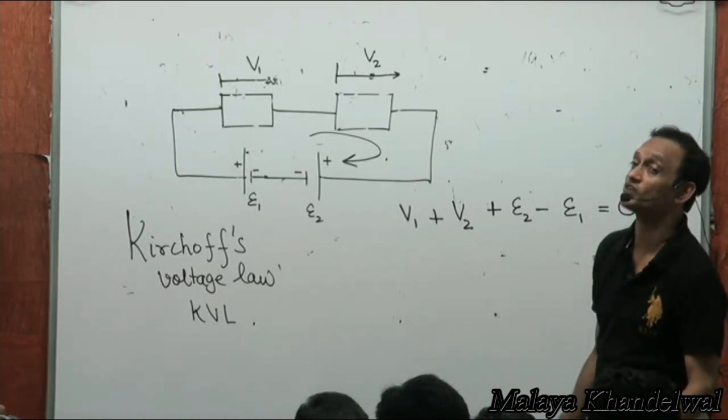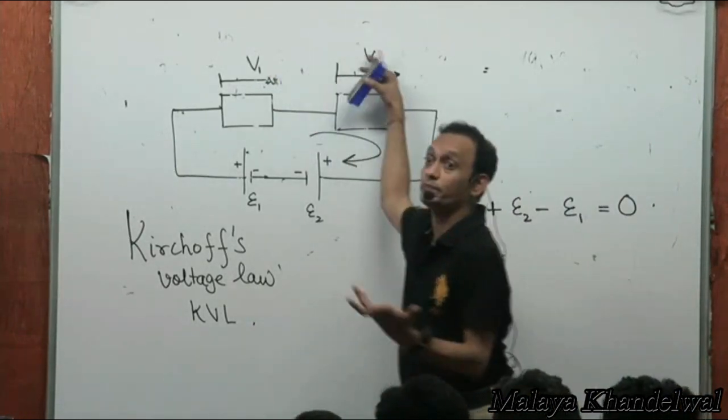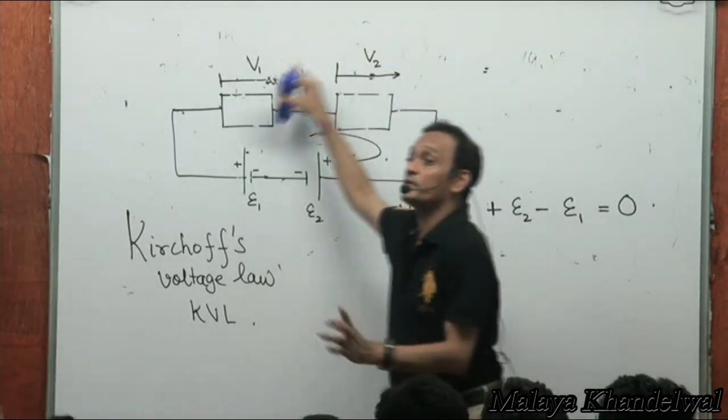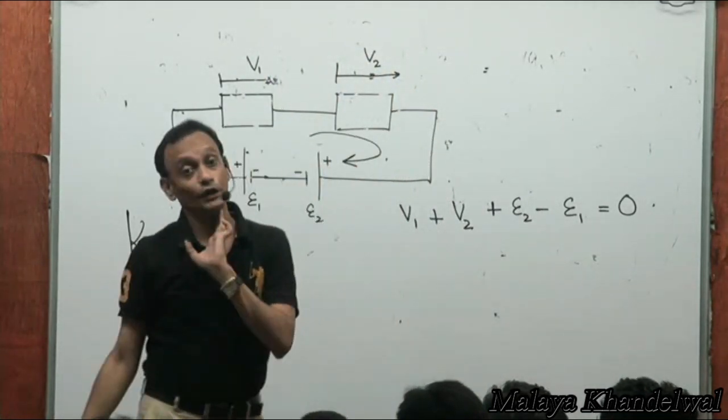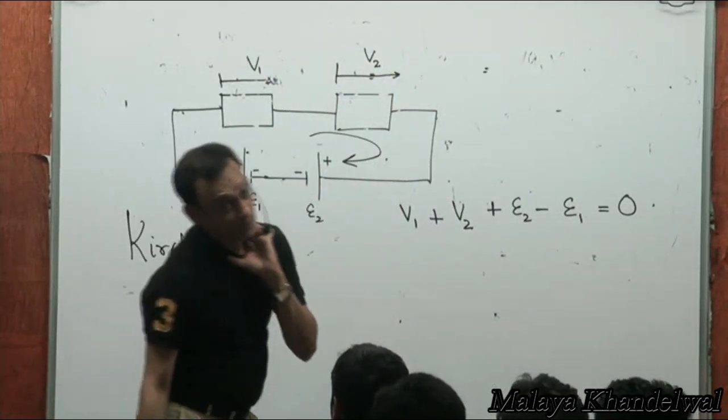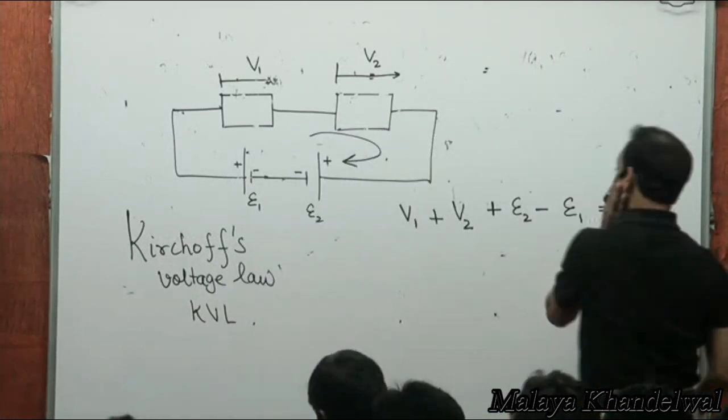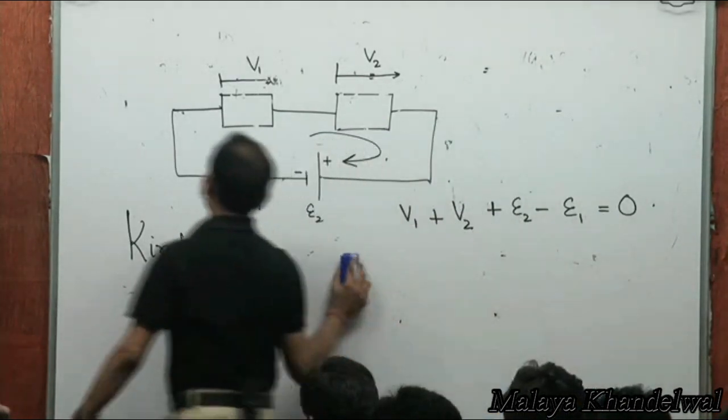This V1 and V2 could be functions of time, does not matter. But the algebraic sum of the drops in a closed loop must necessarily be 0. That's Kirchhoff's voltage law.